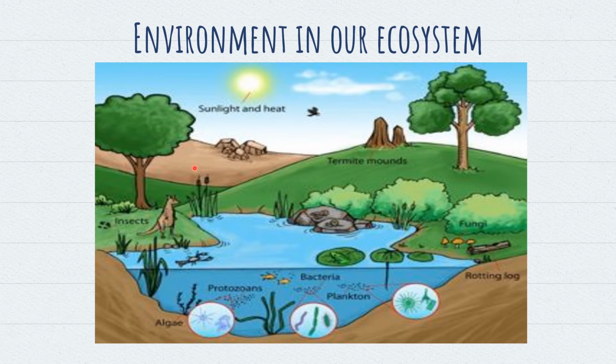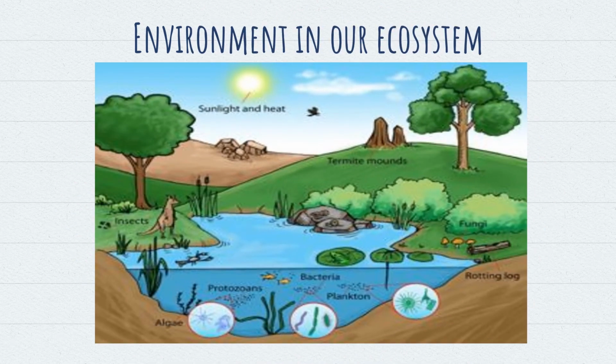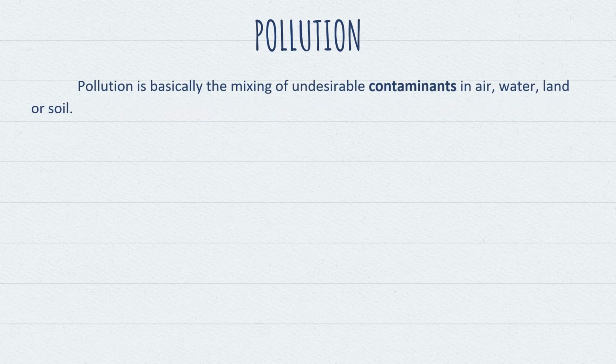We need to understand how we need to take care of the environment. Now let us read about pollution. Pollution is basically the mixing of undesirable contaminants in air, water, land, or soil.